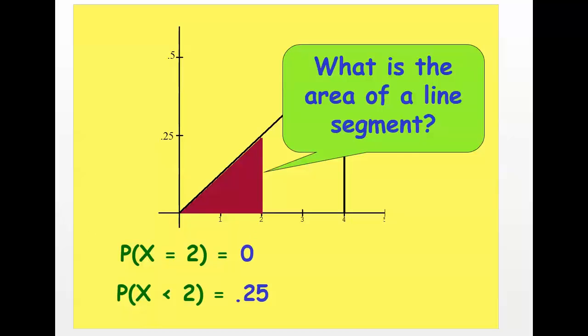So for an equal event in a continuous distribution, you don't have that event occurring. That's kind of weird to think about, given that this particular sample space is anything between 0 and 4. We're saying at a particular value, the likelihood of that occurring is 0, and yet I can add up a bunch of these zeros.